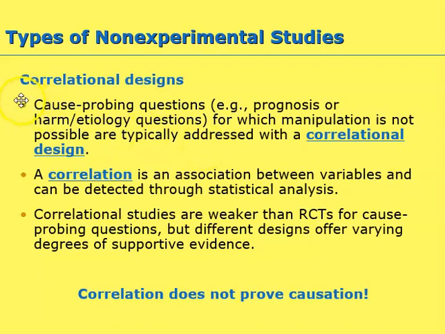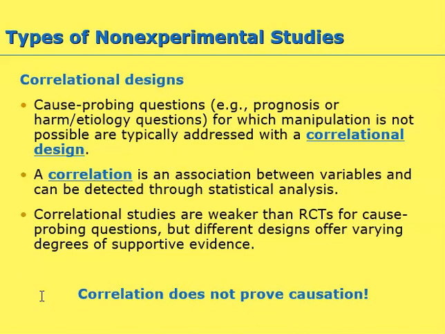One interesting thought here: cause probing questions, for study designs that we can't manipulate for possible ethical or legal reasons, can also often be addressed using a correlational design. The problem is correlation does not prove causation. I could not do this video and not say that.